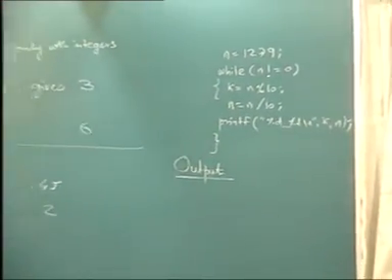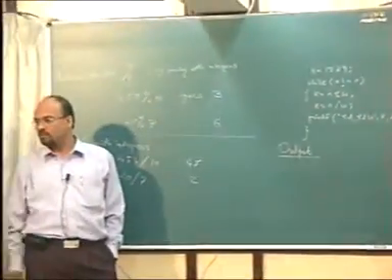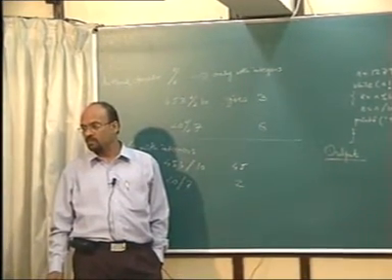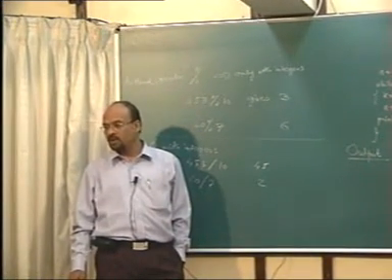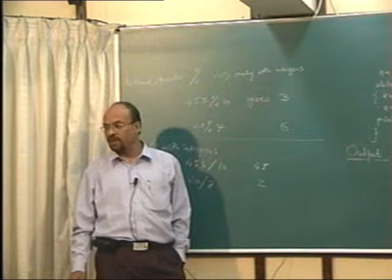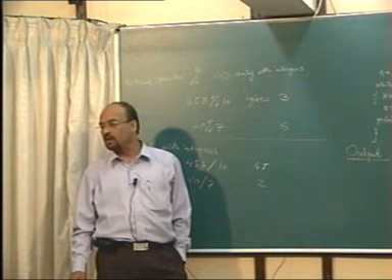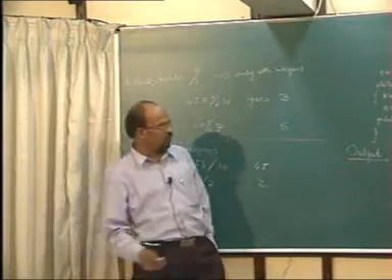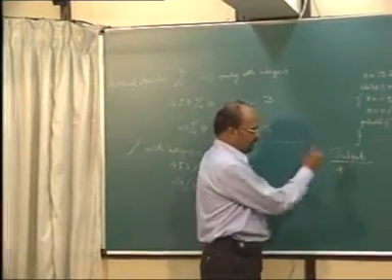What will be first value of k? It is remainder when n is divided by 10. Nine. So output first value of k, 9.